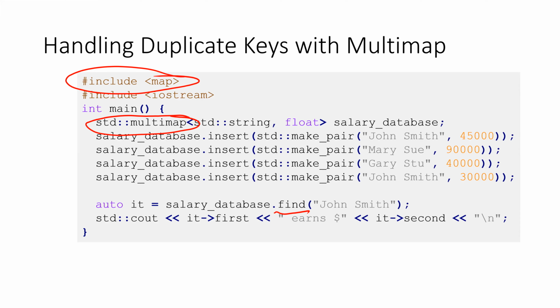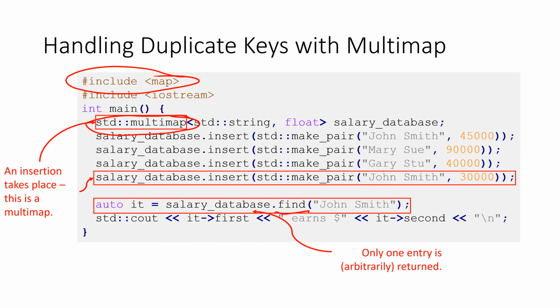Both of my John Smiths went into the binary search tree, but find only returns one node. So find is going to return one of these two John Smiths, and it's unclear which one. It's just going to return the first one that it finds, which is also not exactly what I want. So they're both in the database, but I don't have a convenient way to look both of them up.